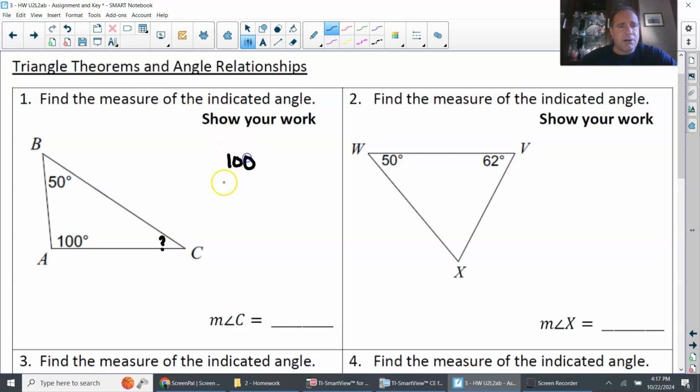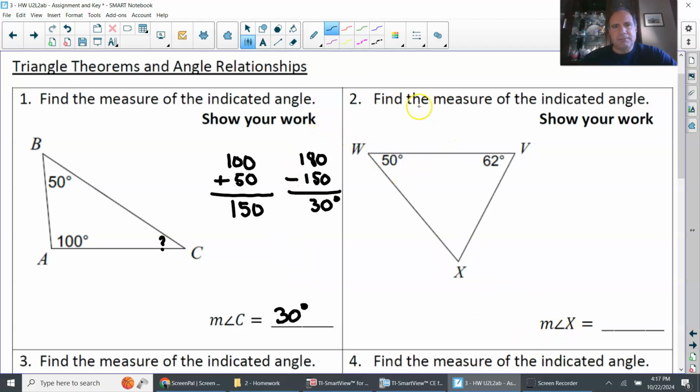So I'm going to put 100 plus 50 in. Add these two angles that are given, and then take 180 minus 150 from it, and that's 30. So the measure of angle C is 30 degrees.